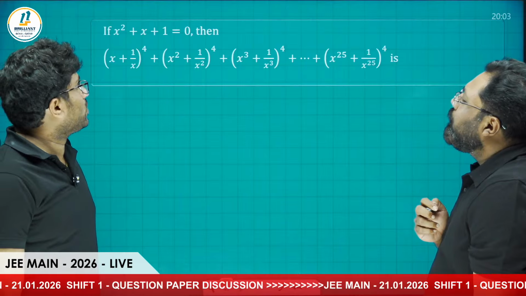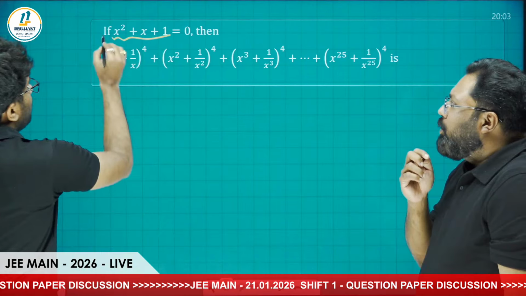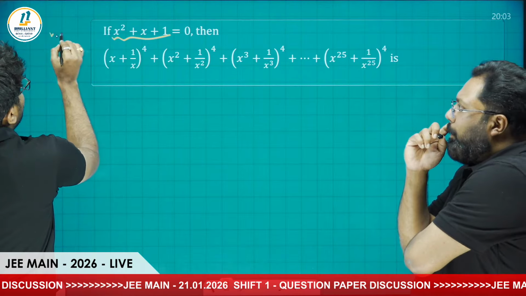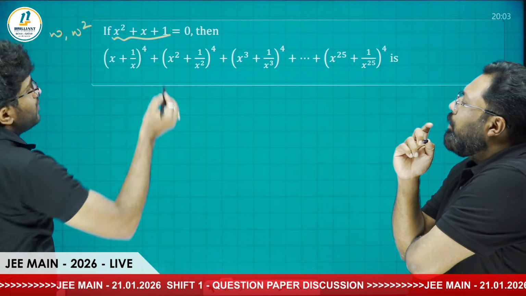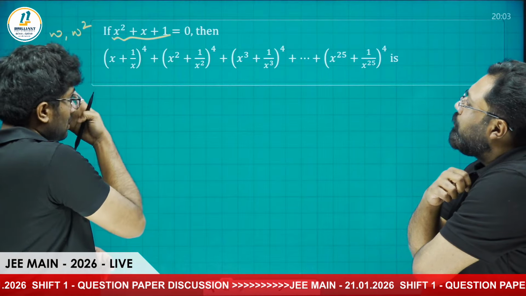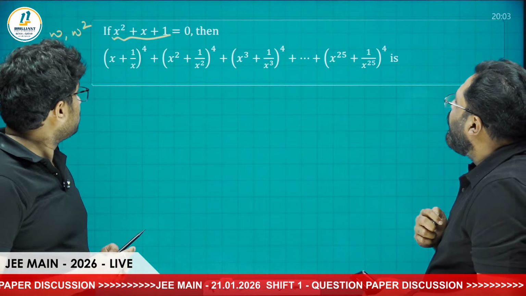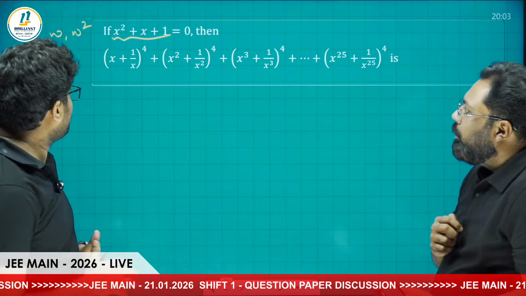So x square plus x plus 1 is equal to 0. This is clearly the roots are the cube roots of unity, omega and omega square. Omega and omega square are the roots of x square plus x plus 1 equal to 0. Now they are asking x plus 1 by x, plus x square plus 1 by x square, and so on, up to 25 terms.